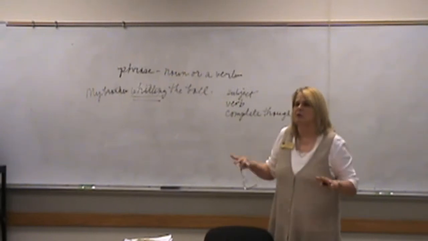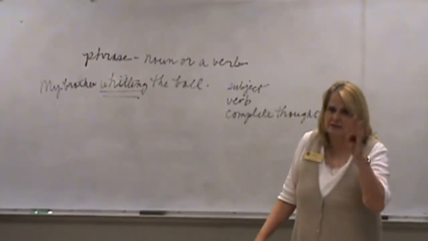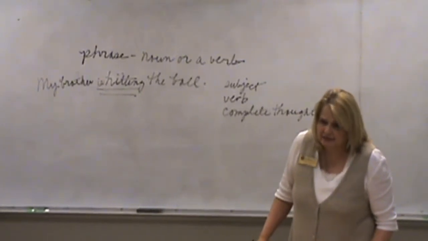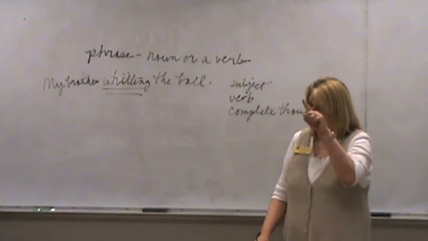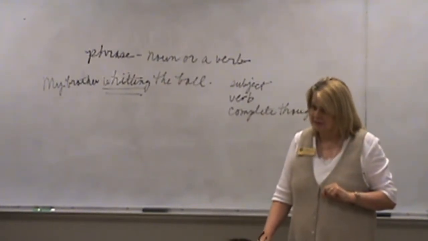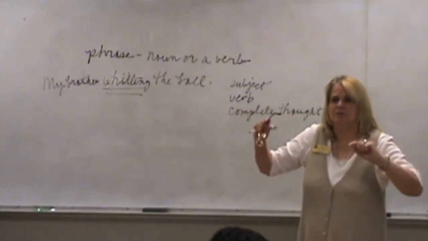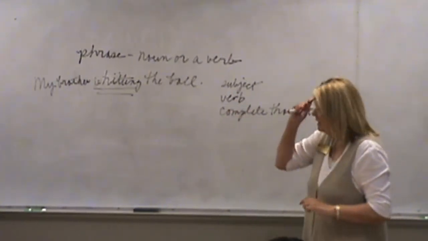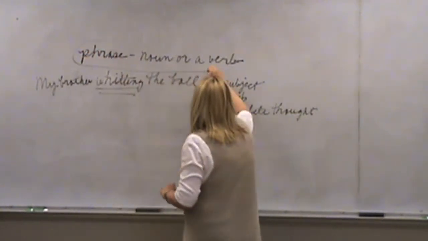You could have 20 words in a group of words, start with a capital letter and put a period at the end. It isn't the length that determines if it's a sentence or not. You could even have one word that's a sentence. I'll show you that in just a minute. You've got to have subject, verb, and a complete thought, okay? And so a phrase is not going to be a sentence.